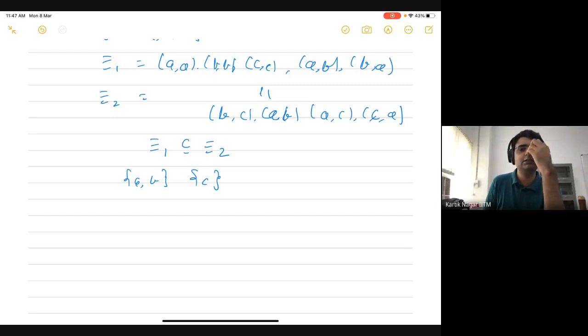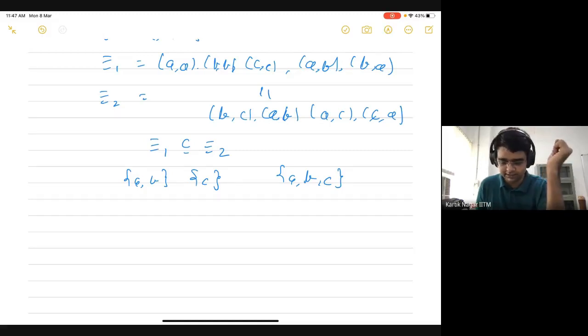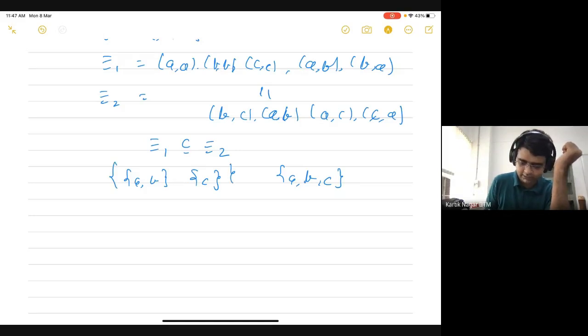What are the equivalence classes of relation two? It just has one equivalence class, which consists of all the three elements in U. Okay, so these are the equivalence classes of the two relations.